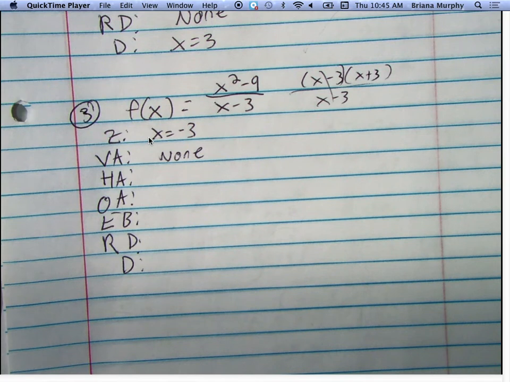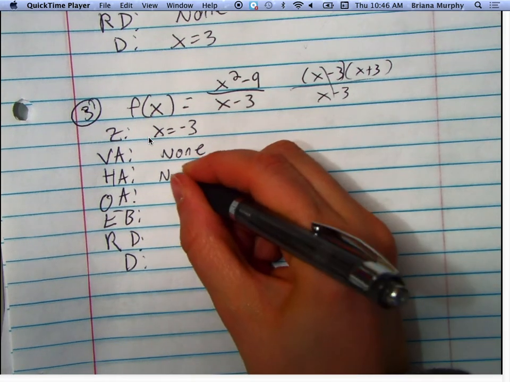For polynomials with no common factors: if the numerator's degree is smaller than the denominator's, then it's y equals 0. If they're equal, it's the leading coefficient. And if the numerator is bigger, then there's none. So there's none.